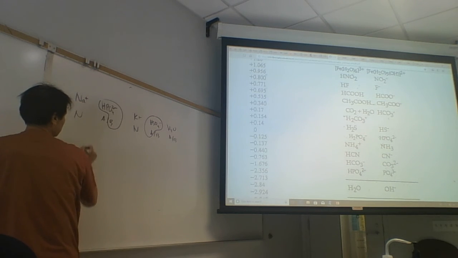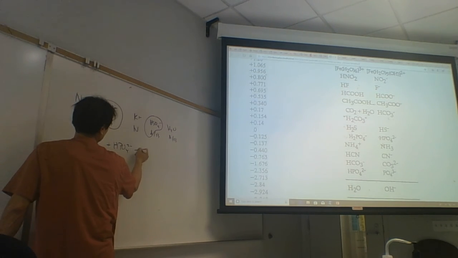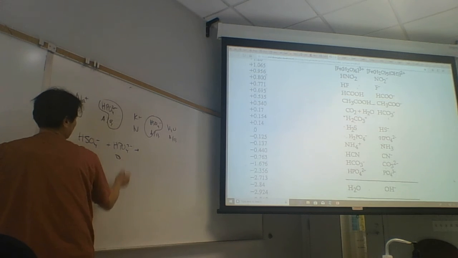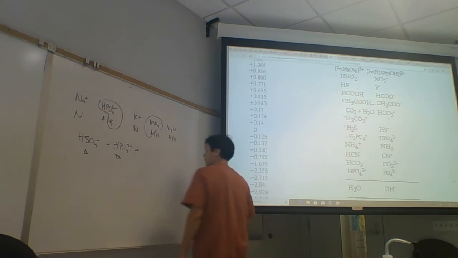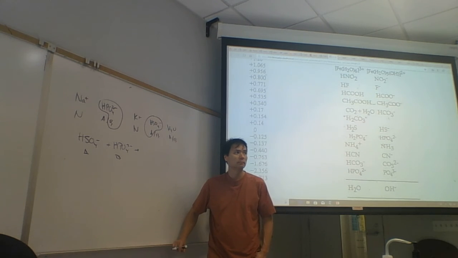HPO4 2 minus. And so let's take the acid HSO4 minus and the base HPO4 2 minus and then react it. What should form here? It's going to form here.